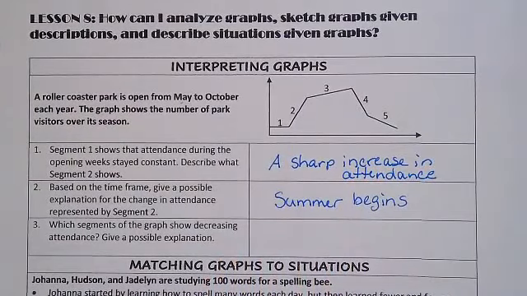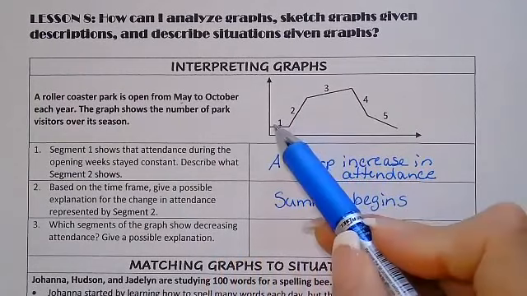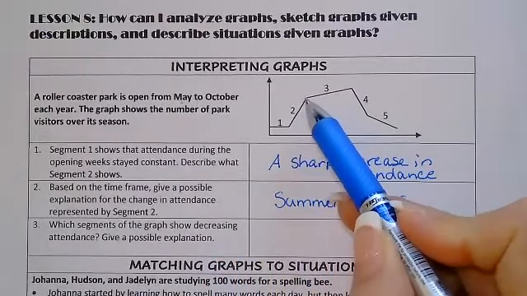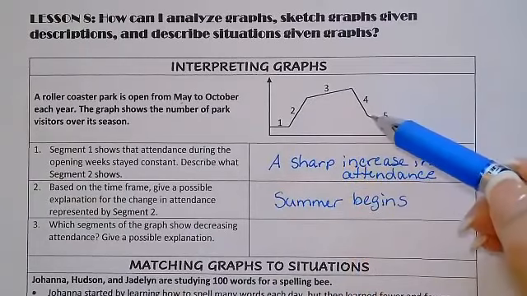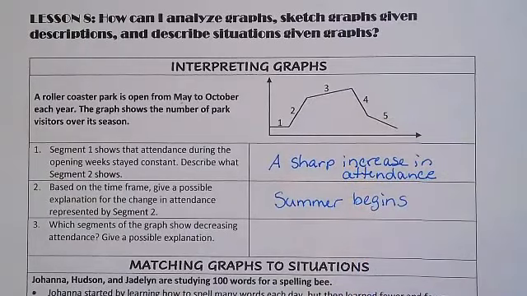Which segments of the graph show decreasing attendance? Give a possible explanation. So it looks like steady, sharp increase and a gradual increase. And then 4 and 5 show a decrease.